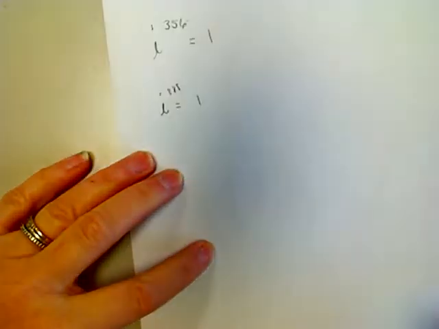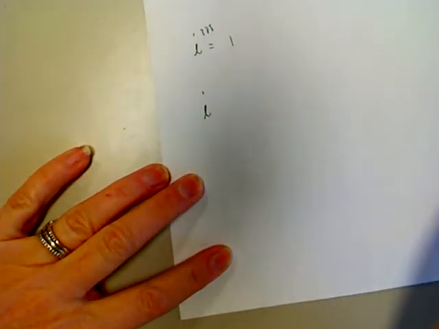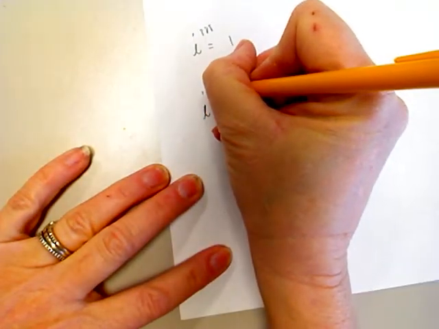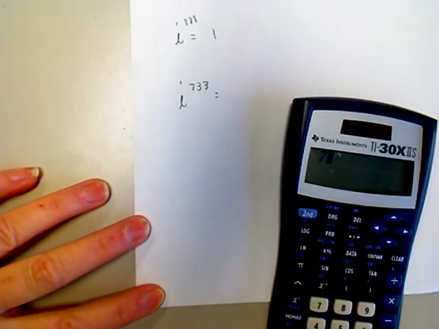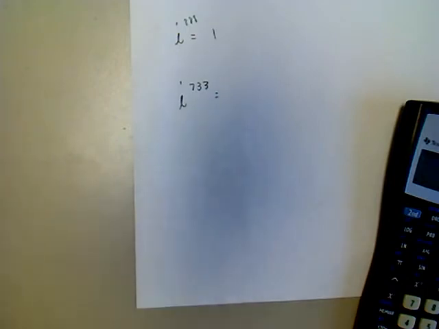Let me try this one more time. Caden. 733. Okay, that is not going to give us a whole number, I can tell. All right, so we're going to try this. 733. You take that calculator and divide 733 by 4, and we're going to get 183.25.